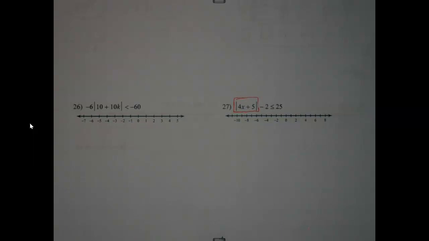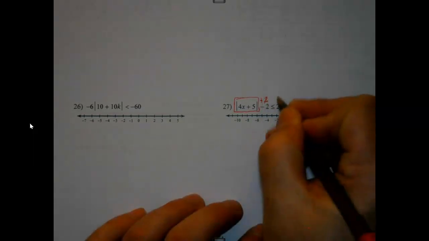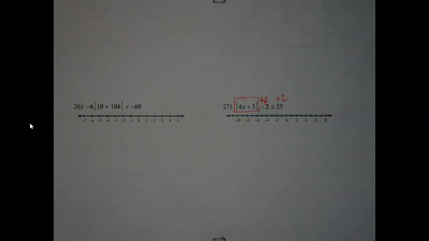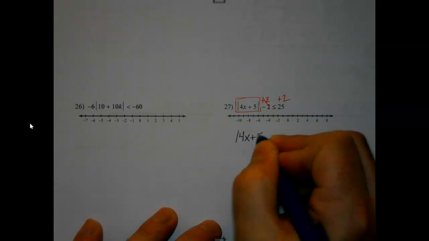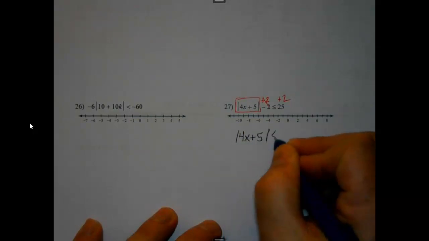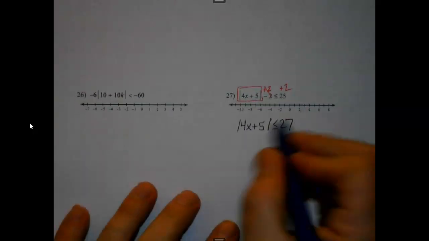So here, if I add 2 to each side, now my absolute value is alone. Now I can split it into 2 equations.